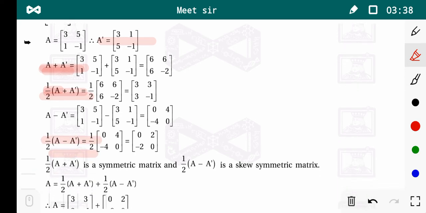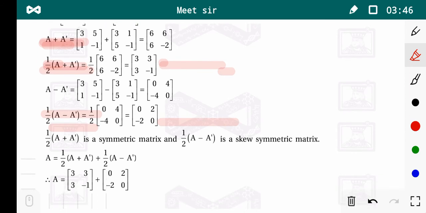Now we add these two matrices, that is 1 half (A plus A dash) and 1 half (A minus A dash). By theorem number 2, we know that 1 half (A plus A dash) is a symmetric matrix and 1 half (A minus A dash) is a skew symmetric matrix.